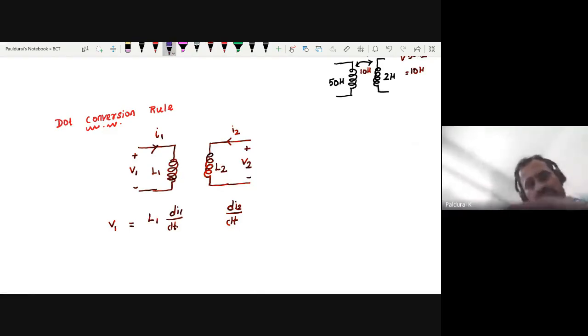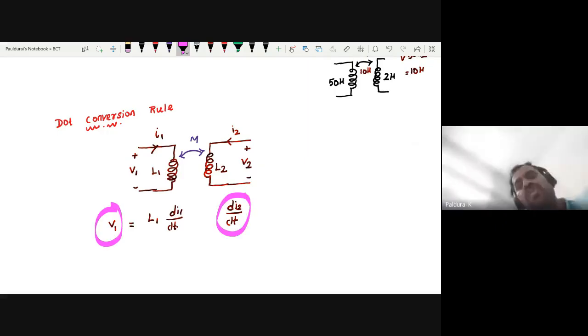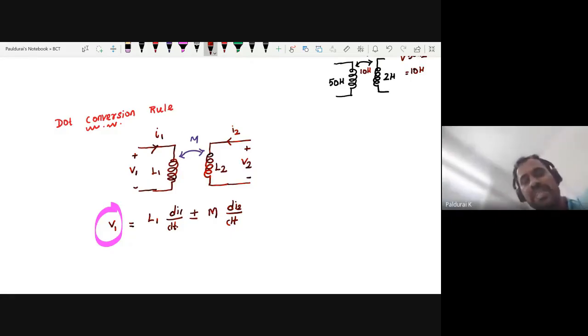Now some mutual inductance may exist between the two coils, so V1 is also generated because of changes in the current flowing through the nearby coil. The coefficient here is M. My question: is it plus M or minus M? That can be decided by the interesting rule called the dot convention rule.